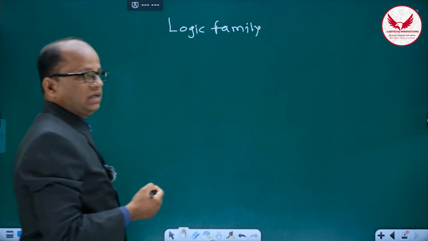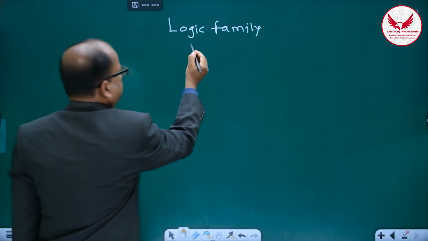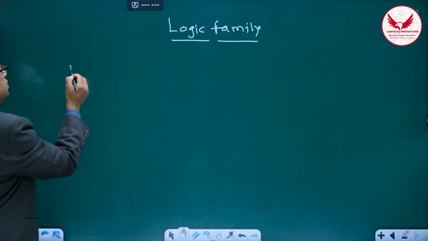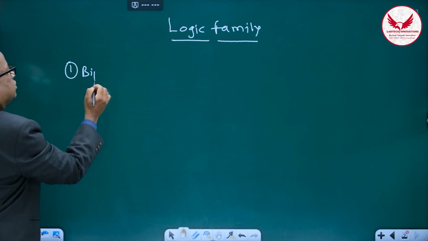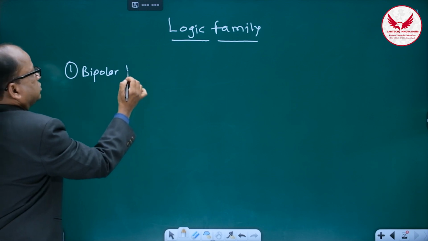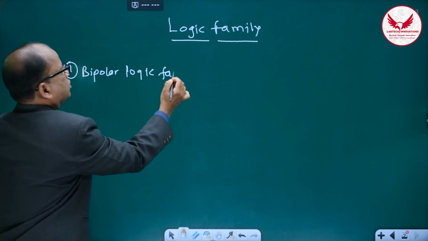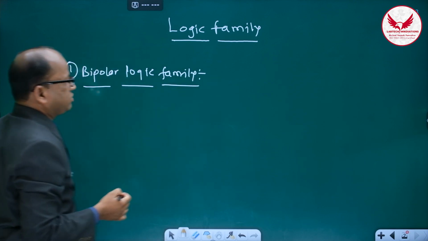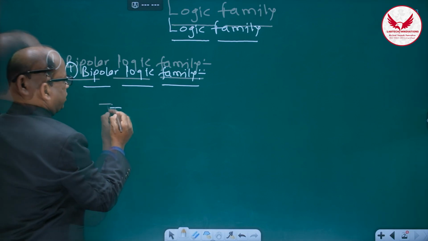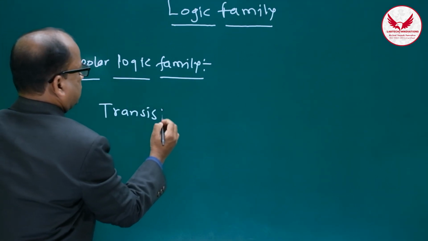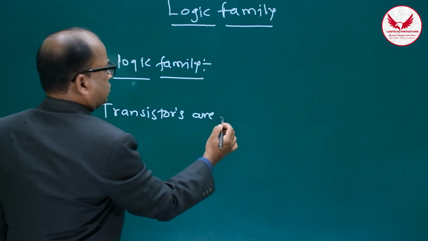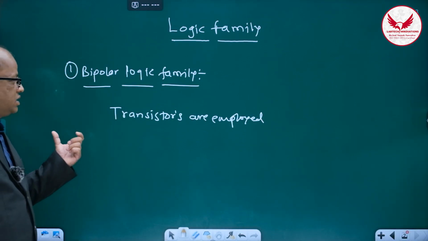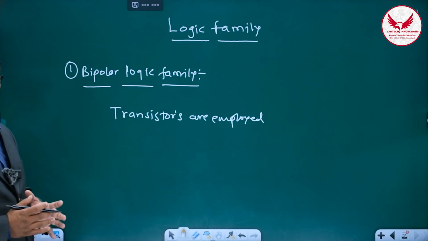So this logic family is broadly categorized into two basic types. The first one is the bipolar logic family. In this type of logic family, transistors are employed, that is, transistors are used to construct the IC.